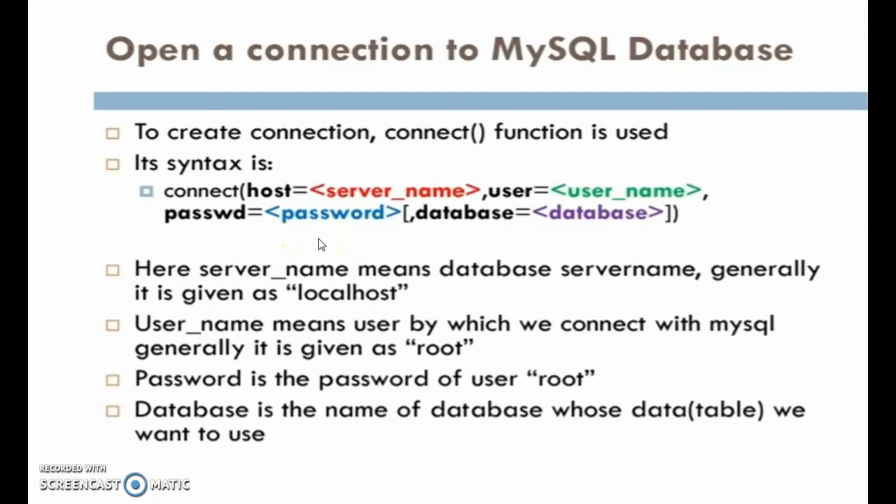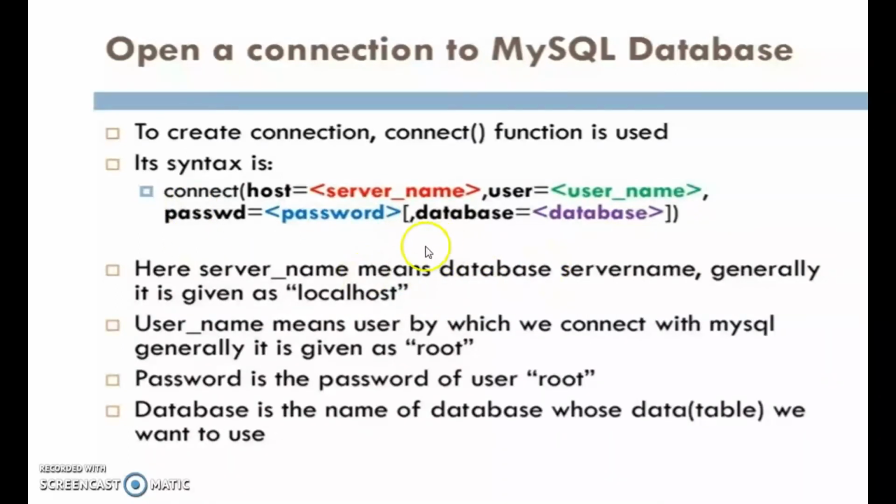The next one, open a connection to the MySQL database. That is, to work with it, first you have to open a connection to the MySQL database. So you can use the connect function to open a connection. The syntax is connect, host is equal to server name, user equal to username, password equal to password, database equal to database.